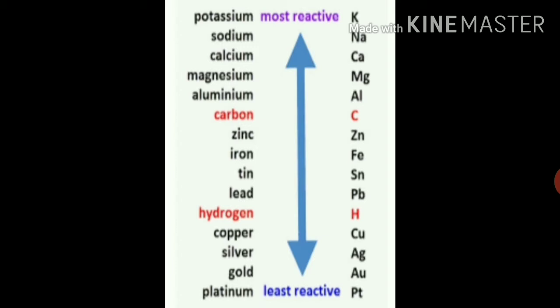Magnesium is less reactive than calcium. Aluminium is less reactive than magnesium, and so on. Now, platinum is the least reactive metal, that's why it is placed at the bottom of the reactivity series. So, I hope the meaning of reactivity series is clear to you.